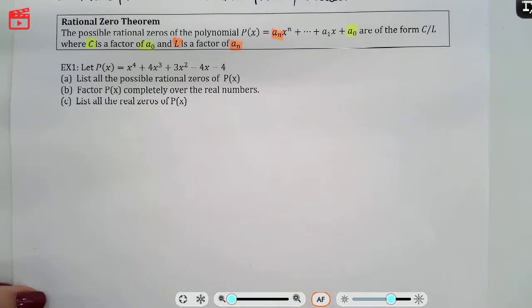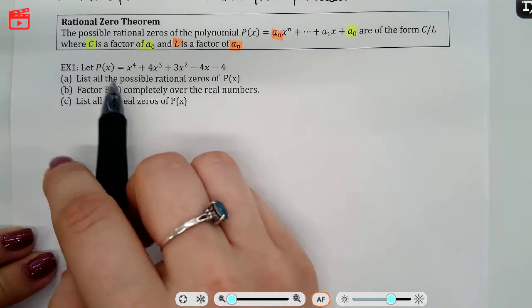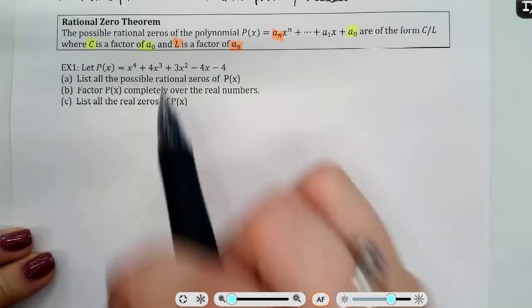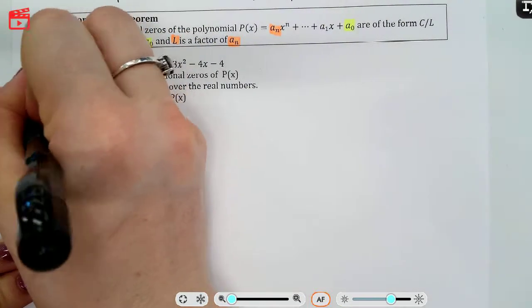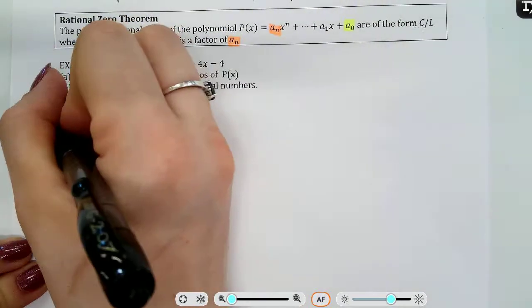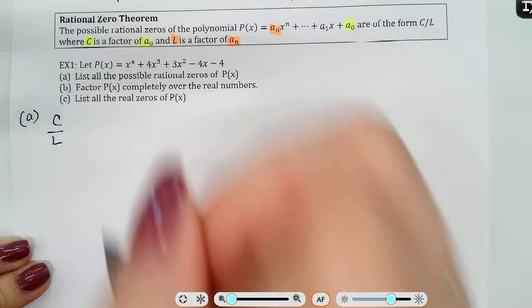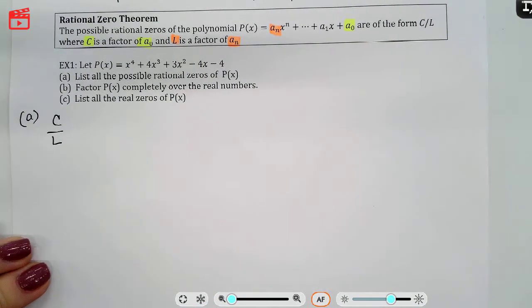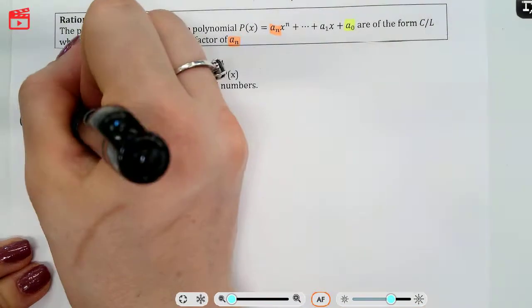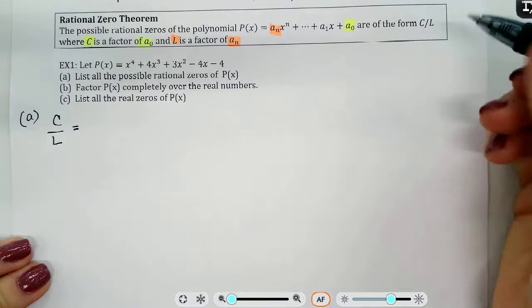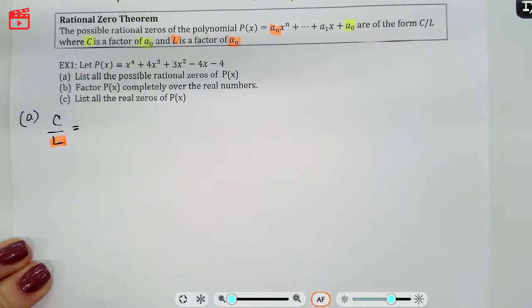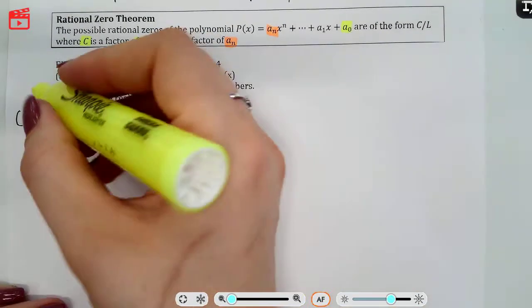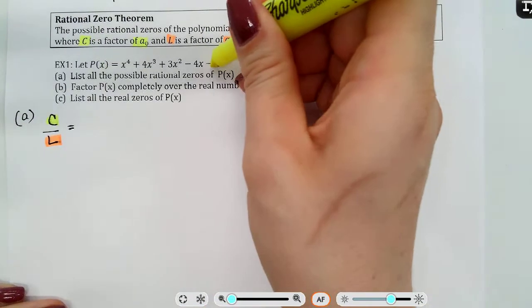Let's take a look at these. We're given the function p of x equals, and here's our long polynomial. The first thing we want to do is list all of the possible rational zeros. I know my rational zeros are going to be c divided by L. So the question is, what are the factors of c? Well, c is my 4.